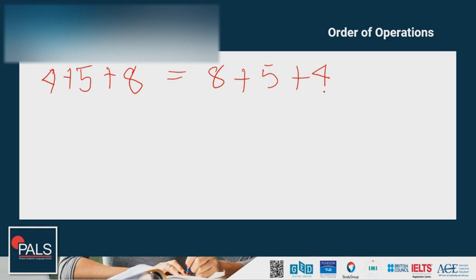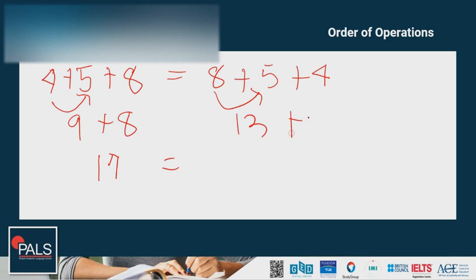Let's see. 4 plus 5 is 9, and then 9 plus 8 is equal to 17. 8 plus 5 is 13 plus 4 is equal to 17. So that is the associative property of addition. How about the associative property of multiplication?